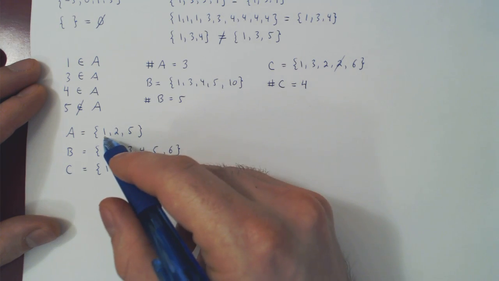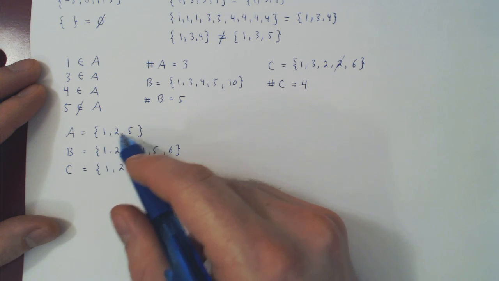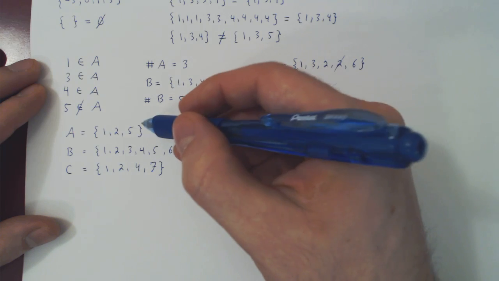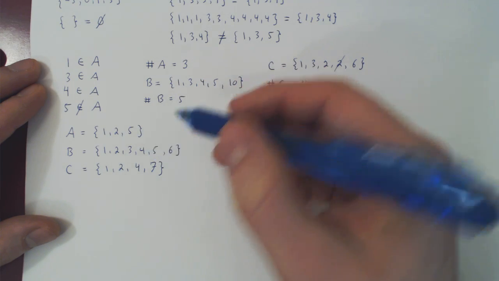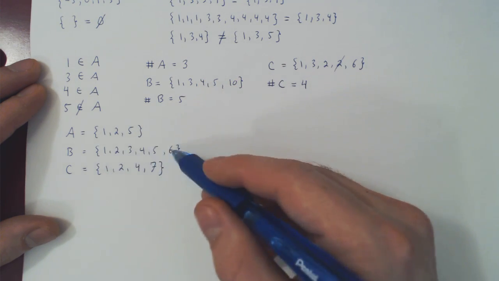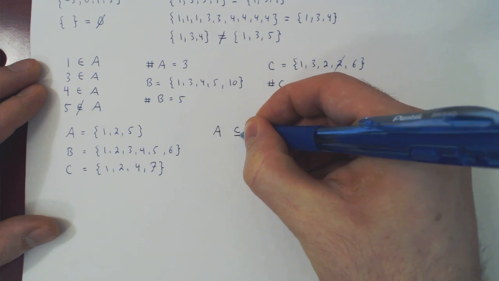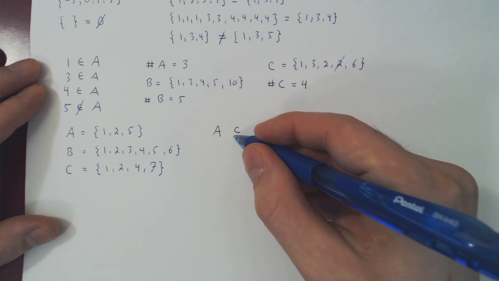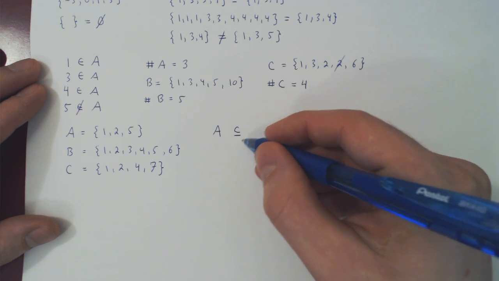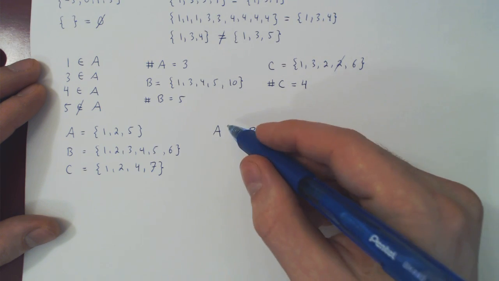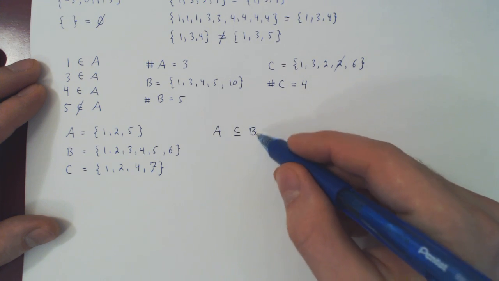Well, if you notice, every element of A, 1, 2, 5, is an element of B. And so we say A is a subset of B, as every element of A is an element of B. And we write quite simply A, and we use this symbol, a C with a bar underneath it. This means a subset of, and so A is a subset of B, as every element of A is an element of B.